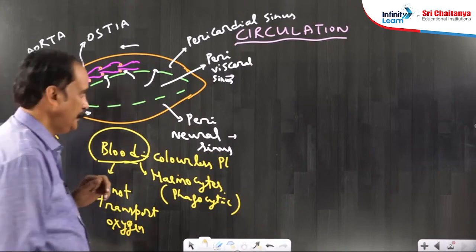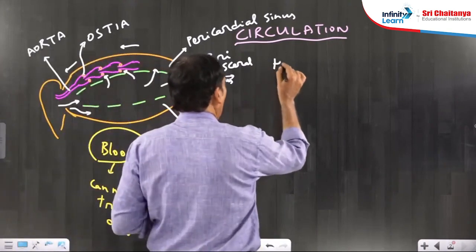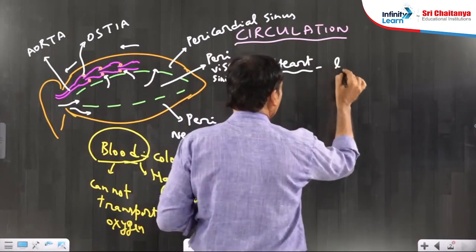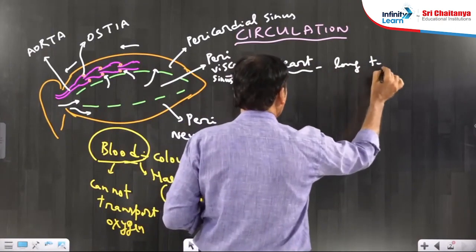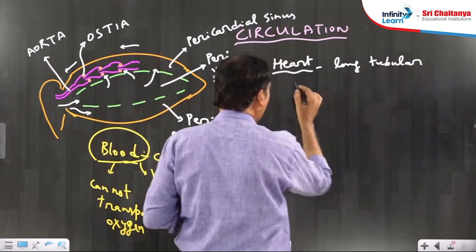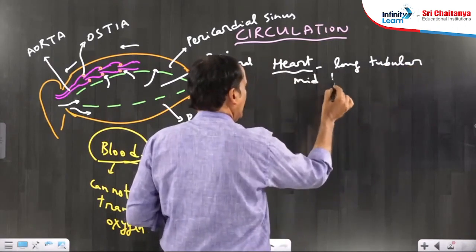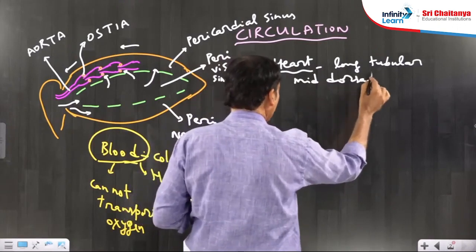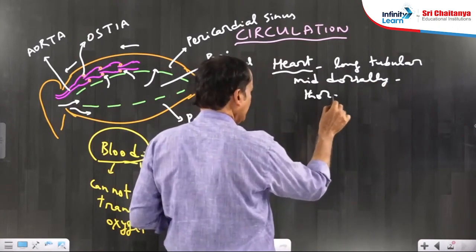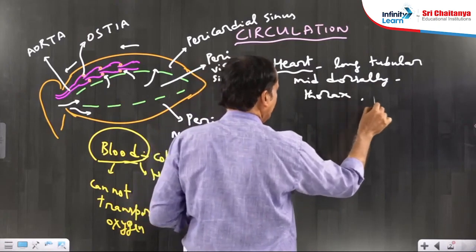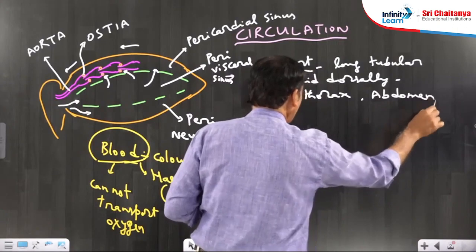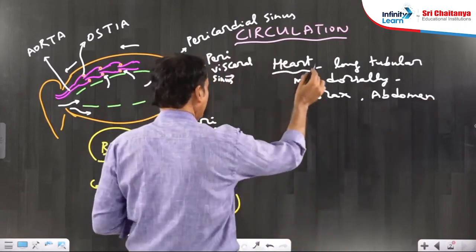So the heart is a long tubular structure present mid-dorsally in thorax and abdomen. This is a 13 chamber structure.